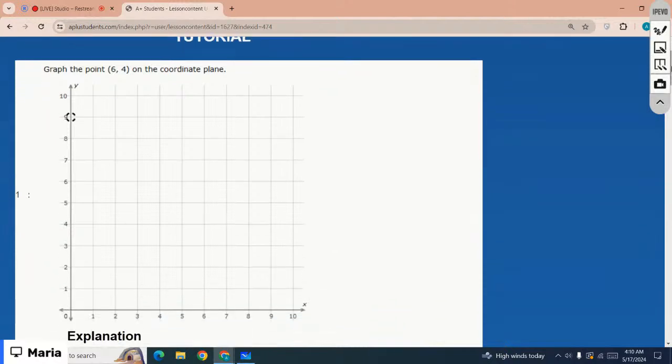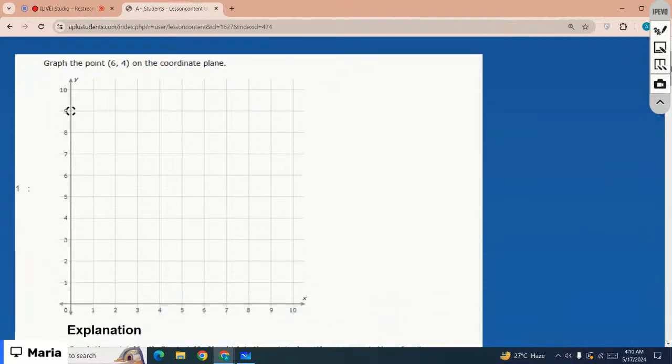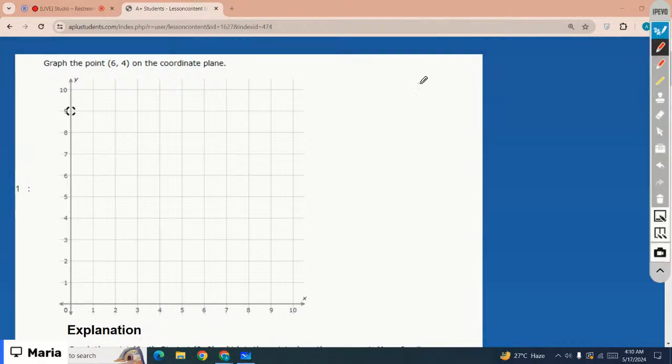So how do we graph a point, right? Whenever we have to graph a point, there is one very important thing you need to learn. The first value is always the x value, the second value is always the y value. First, look at the 6 on the x axis.